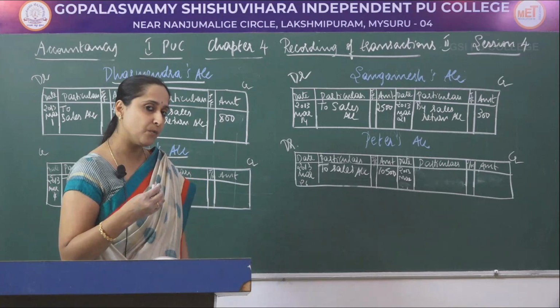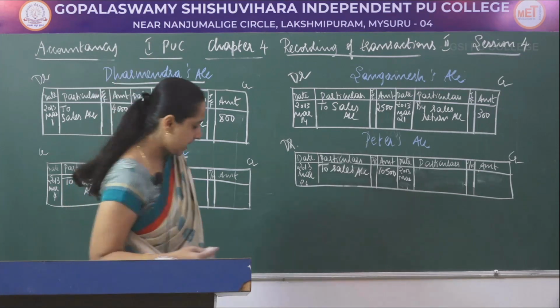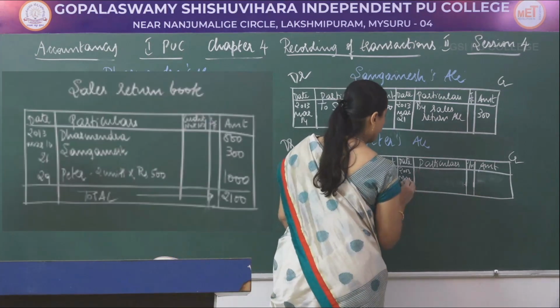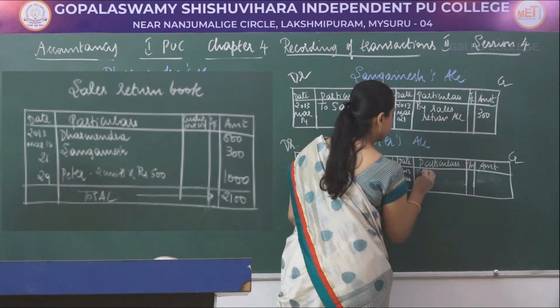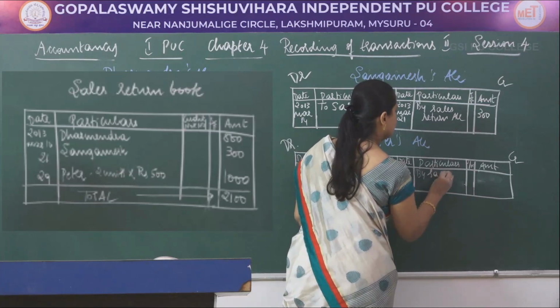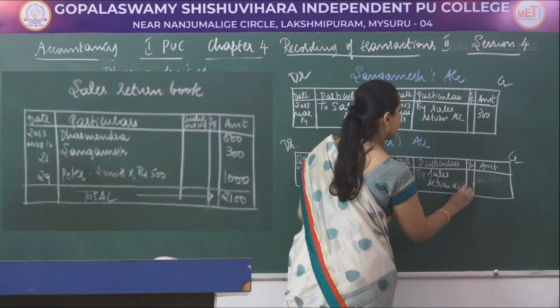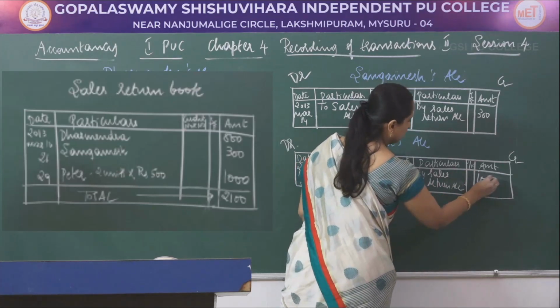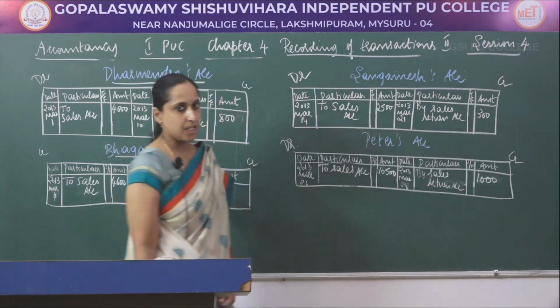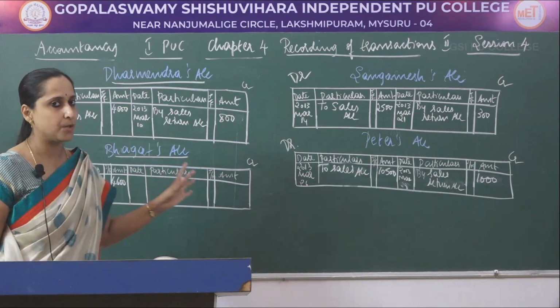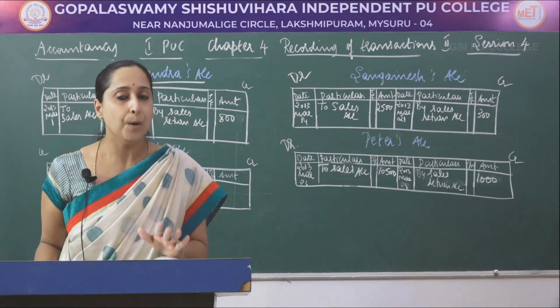So in Peter's account we would write by sales return account, on March 29th, by sales return account 1000. So these are the various ledger accounts which we have prepared from this problem.